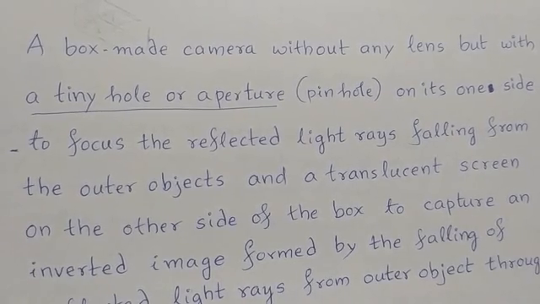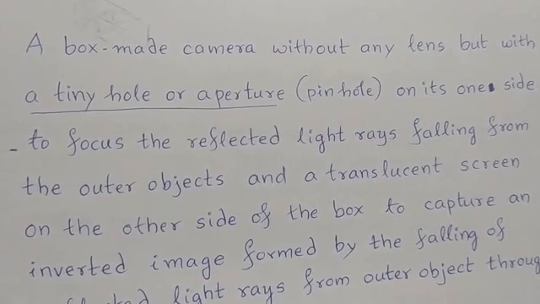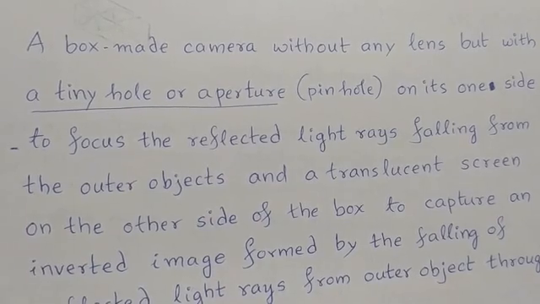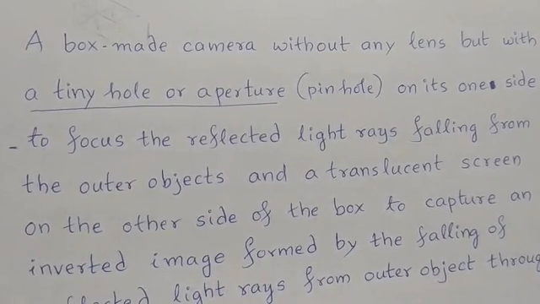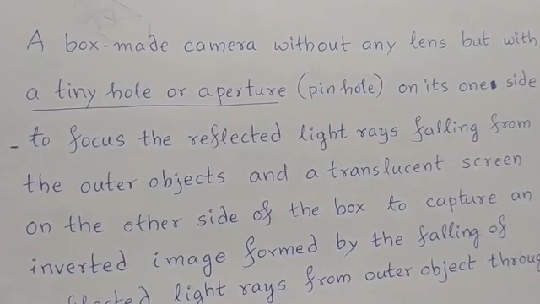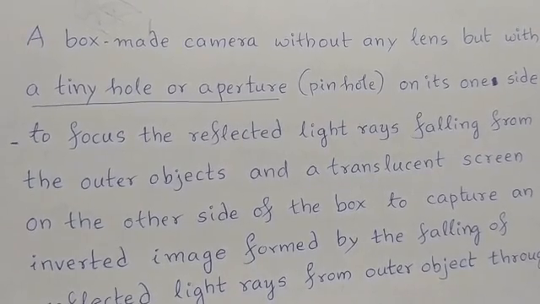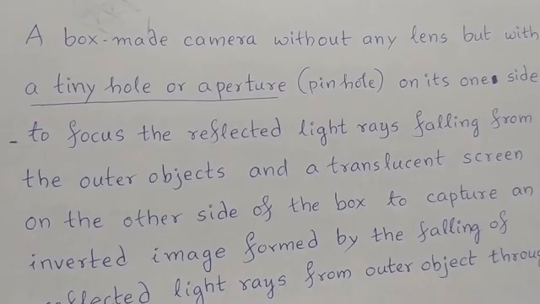So the tiny hole or aperture is to focus the reflected light rays which are falling from the outer objects.